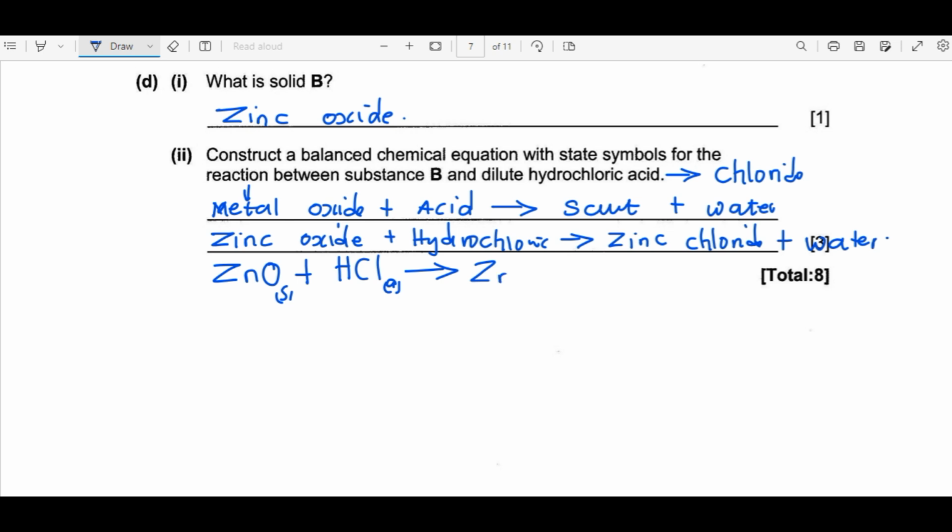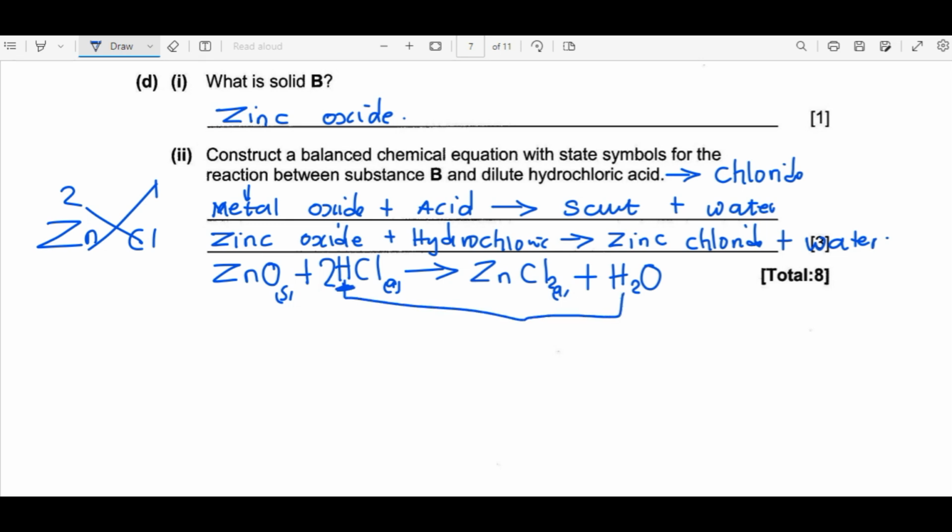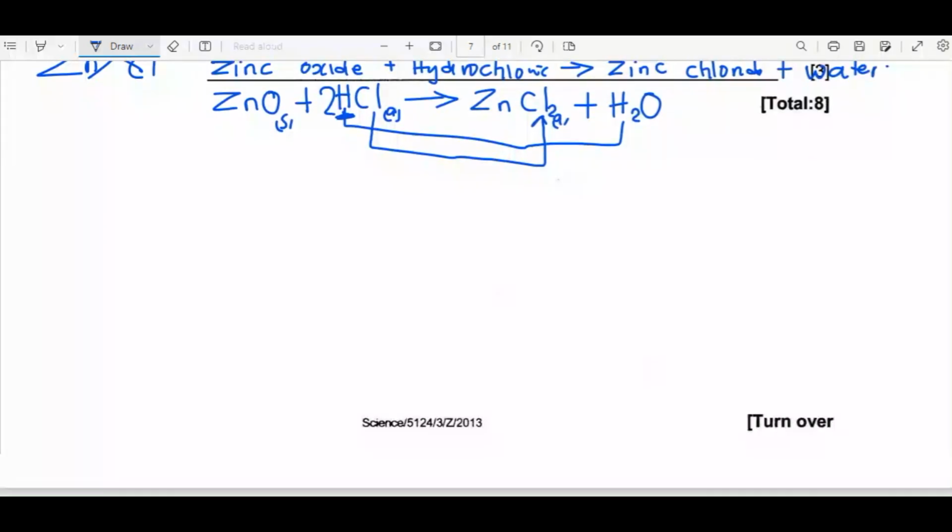Then we are going to have zinc chloride aqueous. Now zinc has a valence of 2, chlorine has a valence of 1. So if we interchange, it will give us this, then plus H2O. So we just have to put a 2 in front of HCl. Then our equation is now balanced, because we have 2 hydrogen, 2 hydrogen, and 2 chlorine atoms, 2 chlorine atoms. So our equation is now balanced.